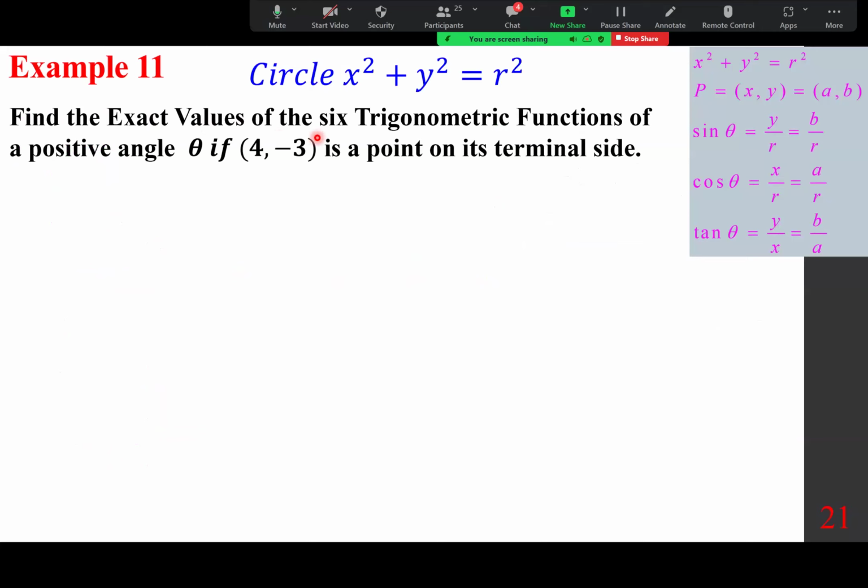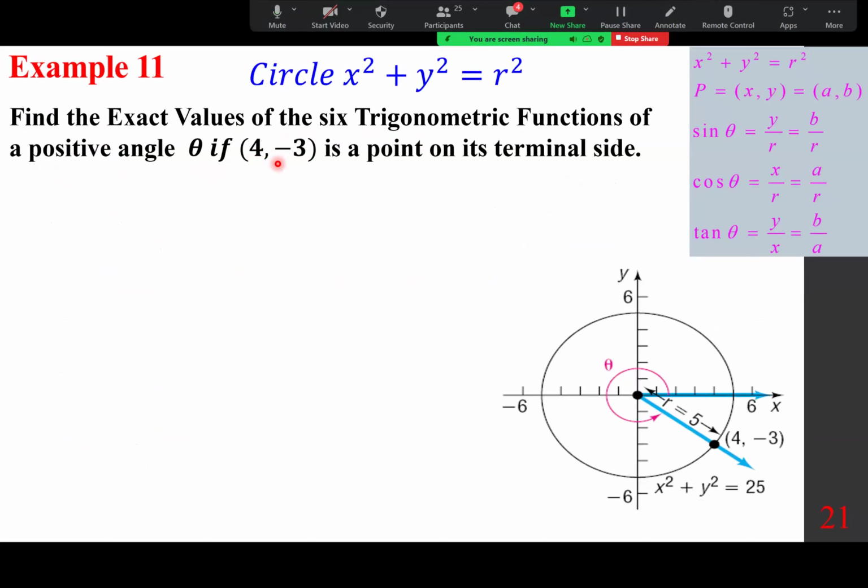So find the exact values of the 6 trigonometric functions of a positive angle theta if this pair x comma y is 4 comma -3, a point on its terminal side. Four to the right, 3 down puts us here.